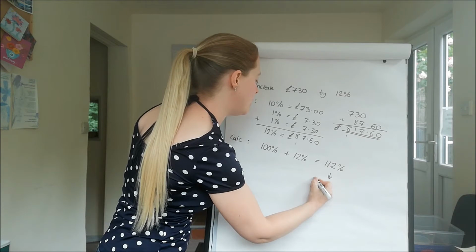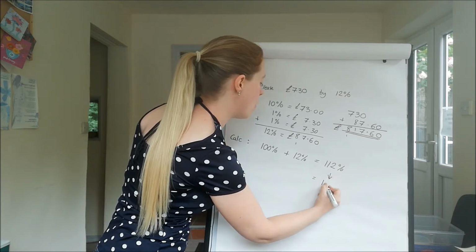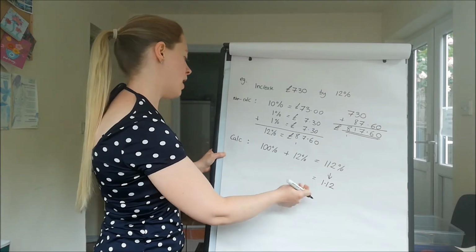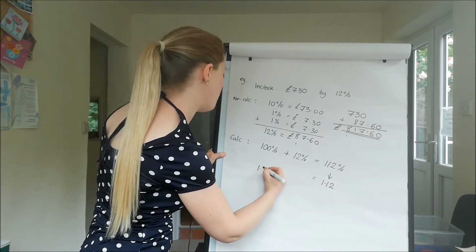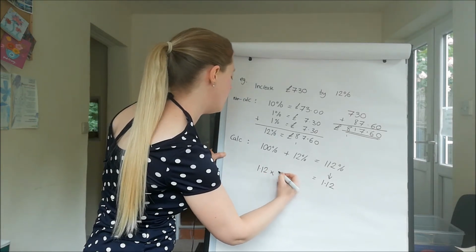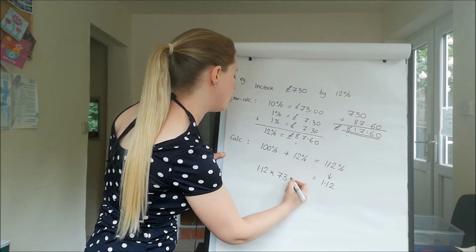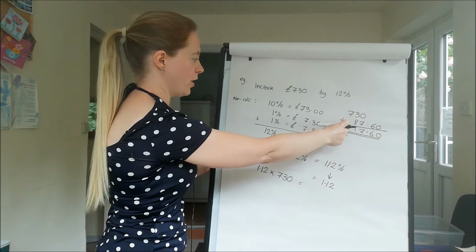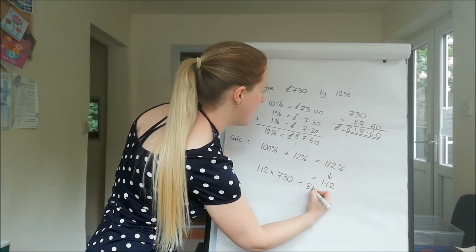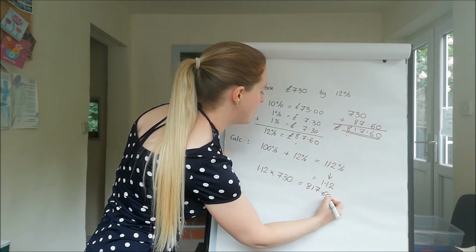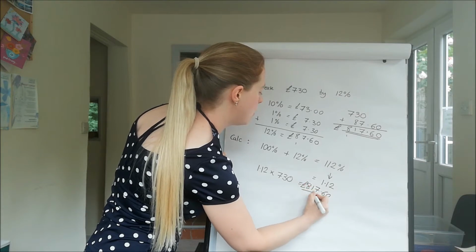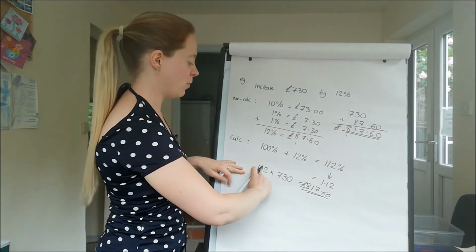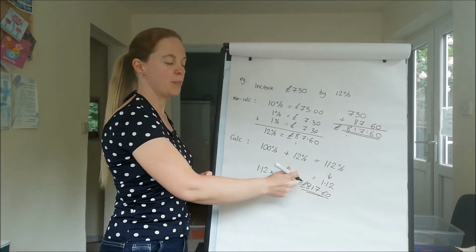Changing that into a decimal will give me 1.12, and then I would do 1.12 times 730. And because I've just done it there, I know that the answer would be 817.60. But obviously, if I hadn't done it without a calculator, that's what would go into the calculator to produce that answer.